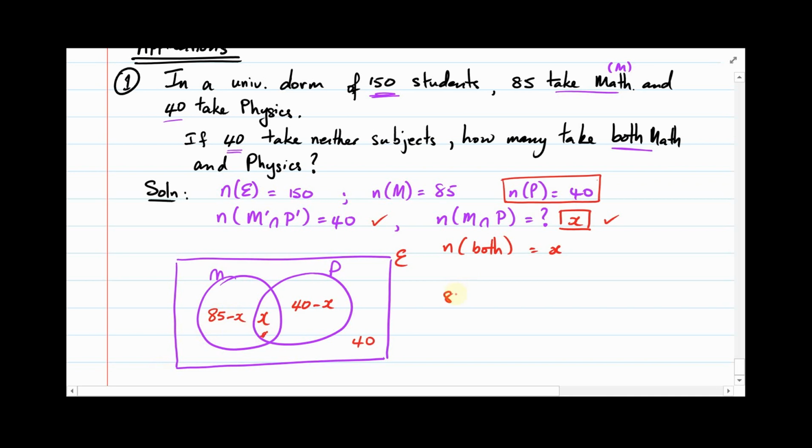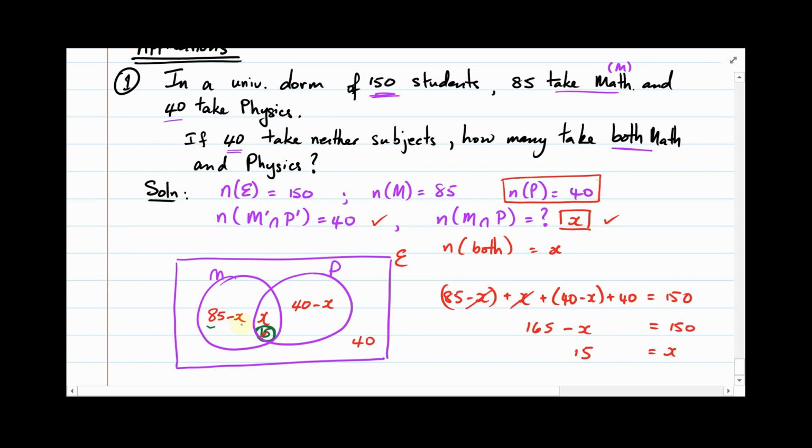The sum of all the parts, 85 minus x plus x, 40 minus x, and 40 out here must be equal to the universal set, which was 150. Getting rid of the brackets, we end up with 165 minus x equal to 150, and solving, x equals 15. So if we go back, this is 15 students who take both.